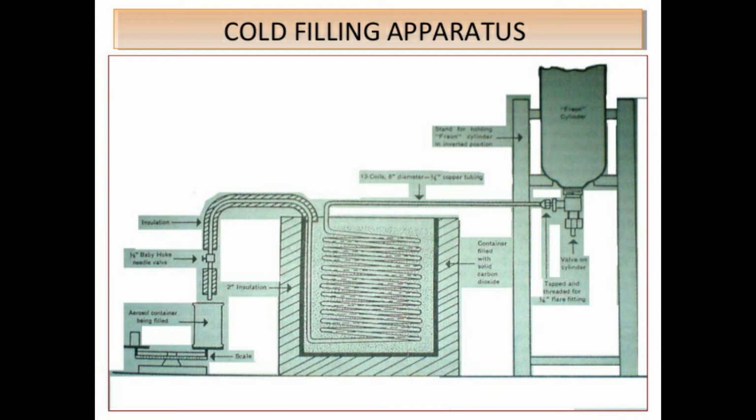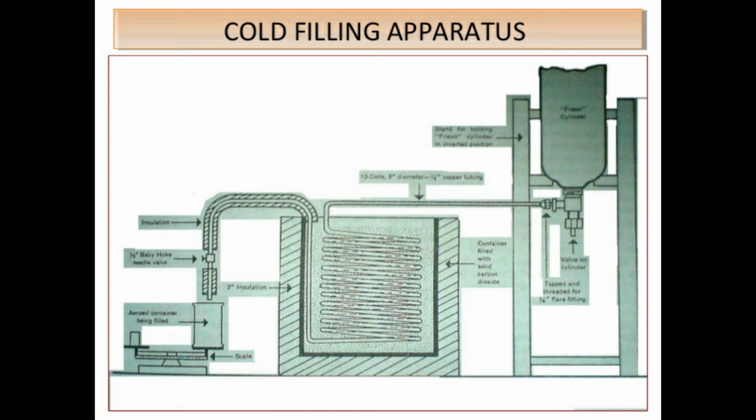Next, procedure. Non-aqueous products and products which can withstand lower temperatures of minus 40 degrees Fahrenheit are used in this method. The product concentrate is chilled to a temperature of minus 40 degrees Fahrenheit and filled into an already chilled container.